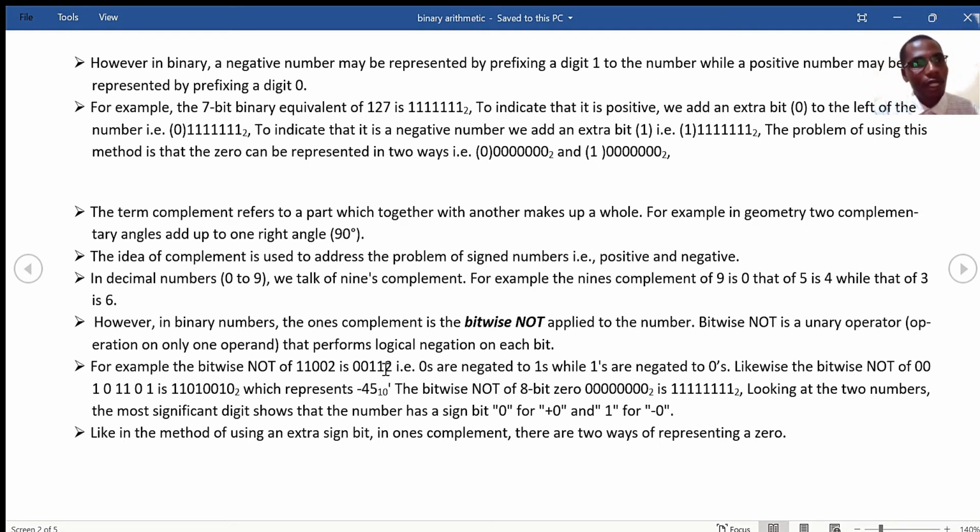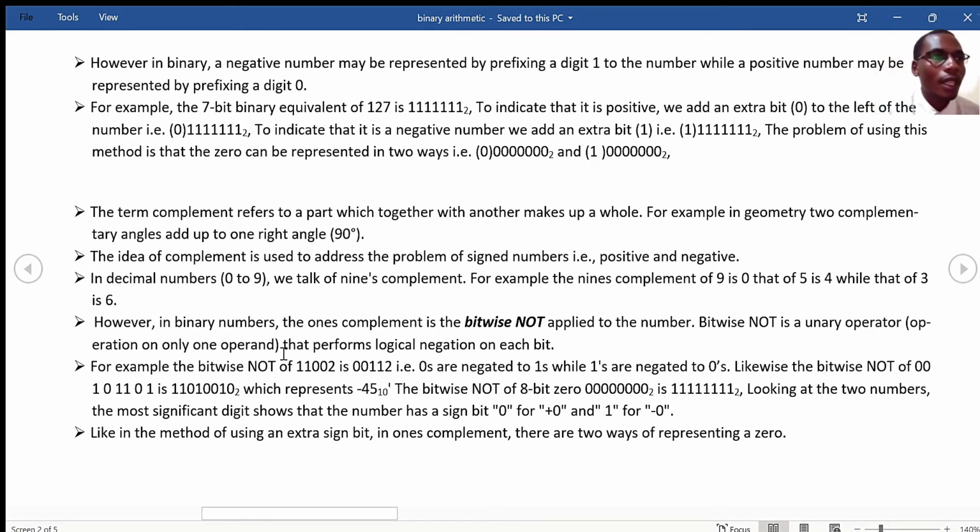You have seen that it is not done the same way as the above example, although all of them are complements. In this one, whatever was zeros becomes ones, and whatever was ones becomes zeros.